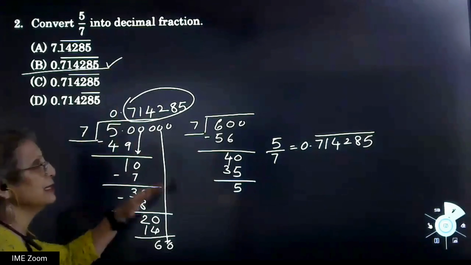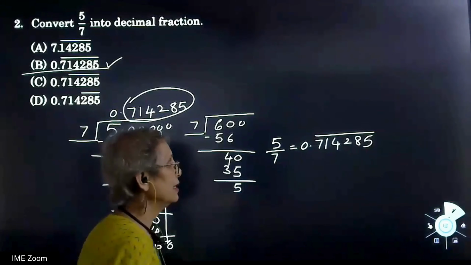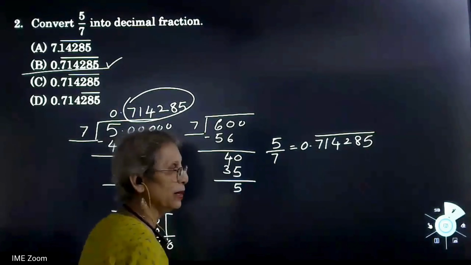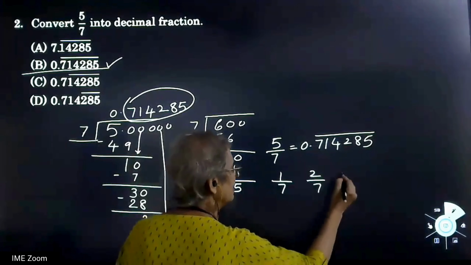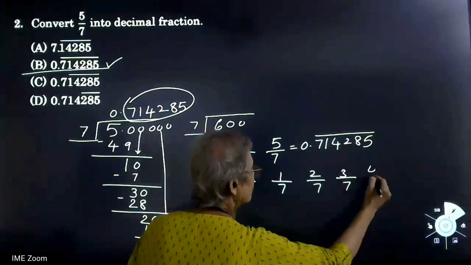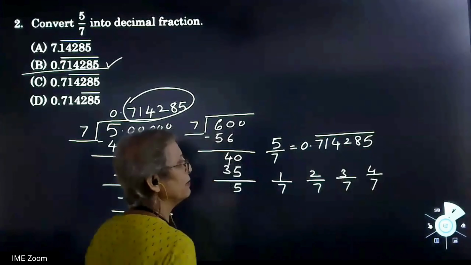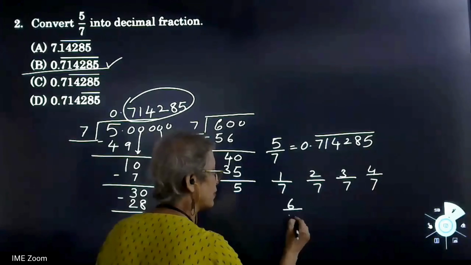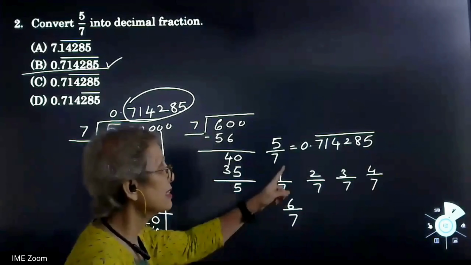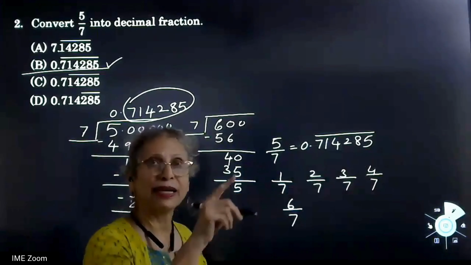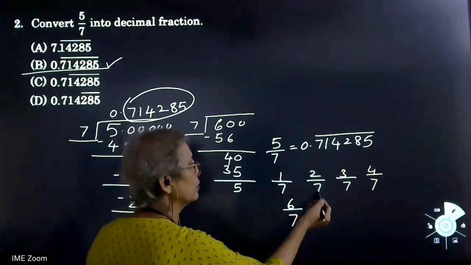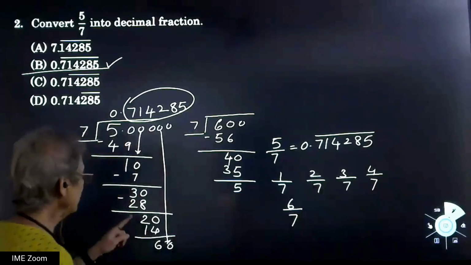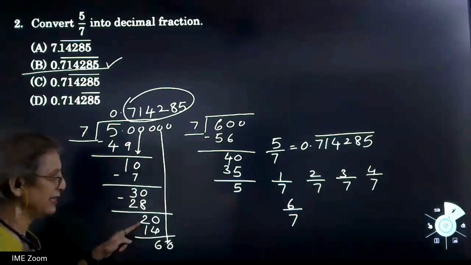And one thing more regarding this 7. You can try at home afterwards: find out 1 upon 7, 2 upon 7, 3 upon 7, 4 upon 7. We have done 5 upon 7, and one more, 6 upon 7. You will get the same digits, but in a different order. For example, 2 upon 7: I get 2 here, right?